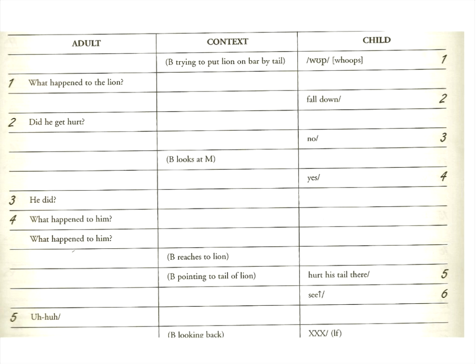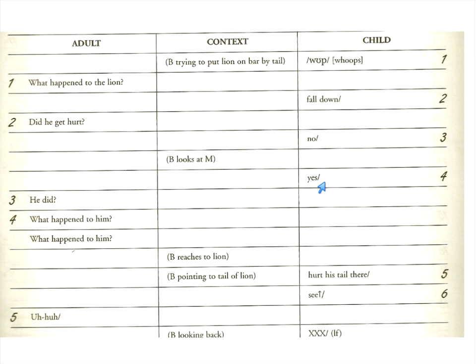The transcriber says B looks at mom. So this is mommy, the adult. B looks at M, mom. And then Bridget says yes for whatever reason. Did he get hurt? First Bridget said no, then she changed her mind and said yes. So you get the gist of what's going on.